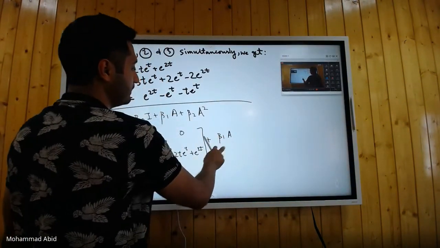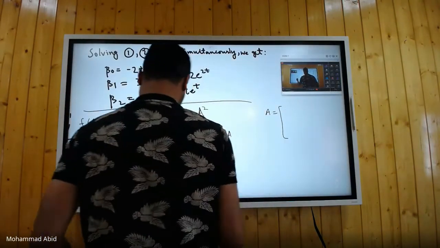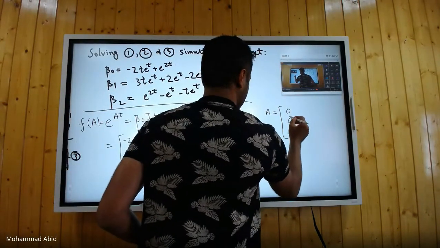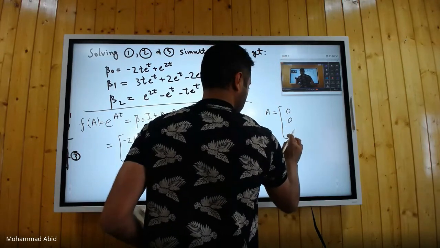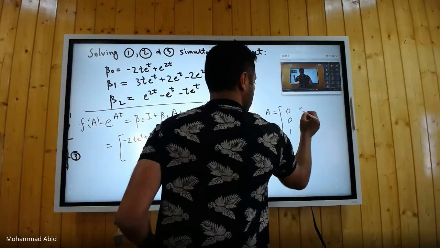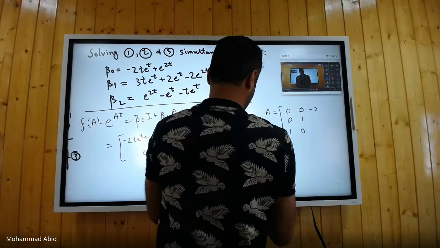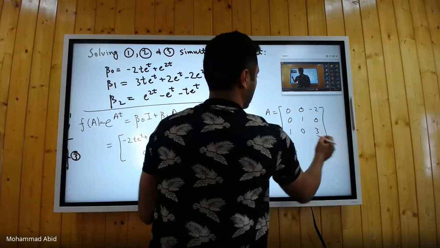अच्छा beta 1 into A कर पाओगे ना? A you have. A is what? मैं यहाँ पे लिख रहा हूँ फिर से. 0 0. Most of the terms are 0, तो इसमें कोई इशू नहीं है. -2, 0 and 3.